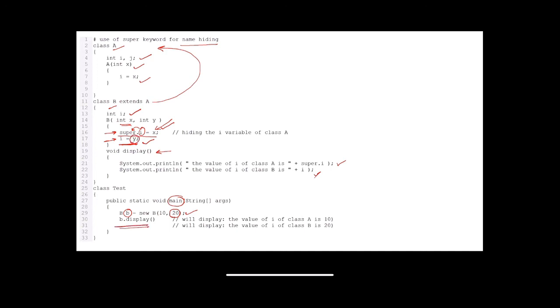Now when I call the function b.display, it prints two values. The first value will be printed as the value of I of class A, which is super.I.